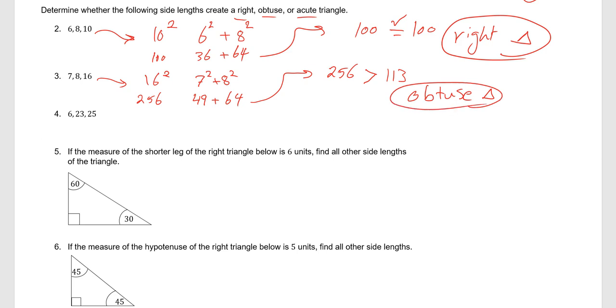Okay. And then we have 6, 23, and 25. So we do 25 squared, and then 6 squared plus 23 squared. So 25 squared is 625. 6 squared is 36. 23 squared is 529.